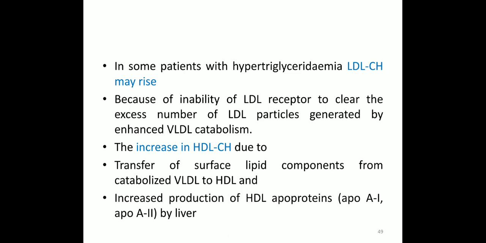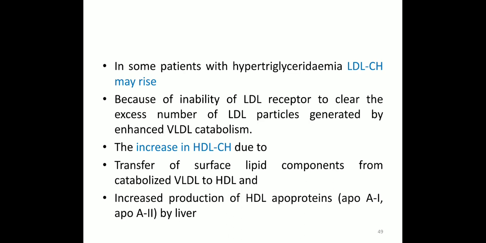How does it rise? It is because of the inability of the LDL receptors to clear the excess number of LDL particles generated by the enhanced VLDL catabolism. Remember the diagram from before starting the drugs, in which VLDL is catabolized to LDL.